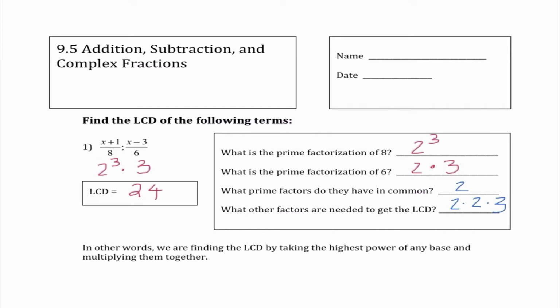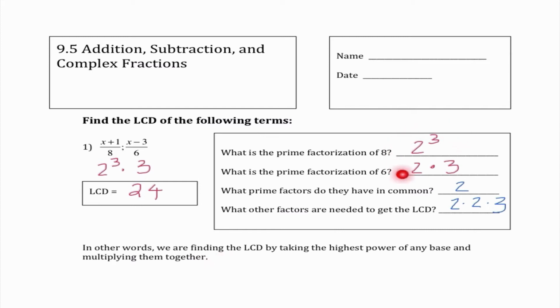And my guess is, back in Algebra 1, you guys were pretty good at finding the LCD of numbers like this. And we probably didn't think of prime factorization, but these are probably terms and terminology that your Algebra 1 teacher used. We're actually going to think of it in a slightly different way. What we're doing, we are finding the LCD by taking the highest power of any base and multiplying them together.